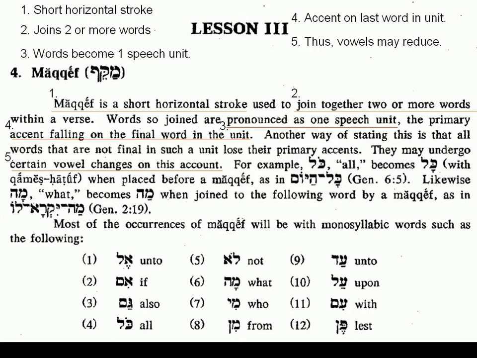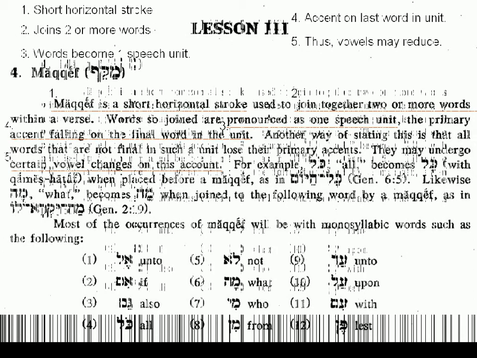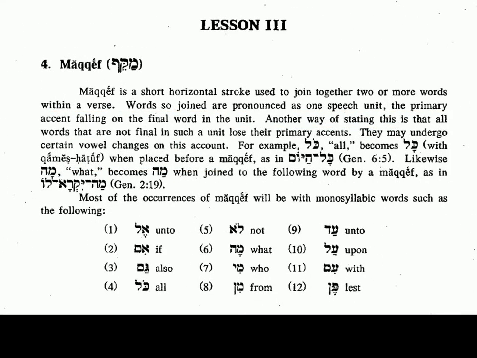So it's not a real tough concept. It's very much like a hyphen in English, only in English, when you hyphenate things, they don't necessarily become one speech unit, though they become kind of one sense unit. So that's the deal on Maqqef.